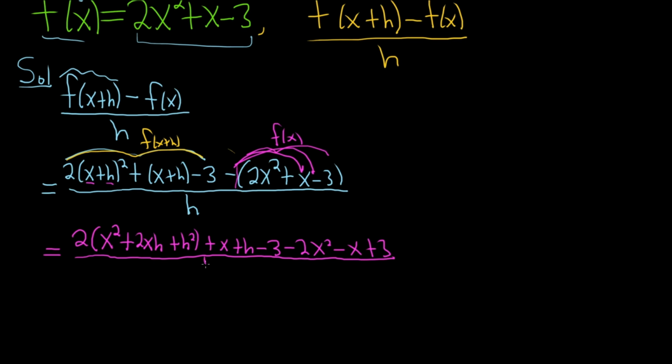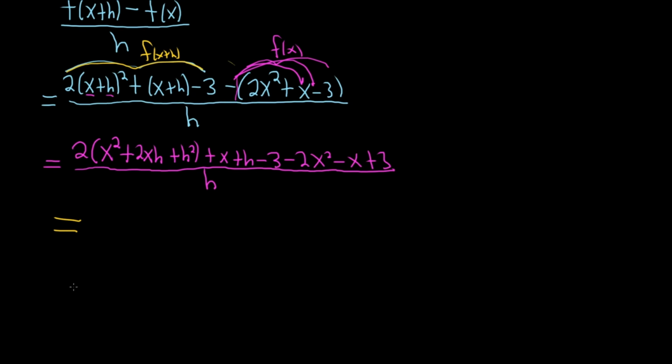This is equal to, let's distribute this 2. So 2x squared, that's that times that. That times that would be 4xh, 2 times 2xh is 4xh. And then 2 times h squared would be 2h squared.